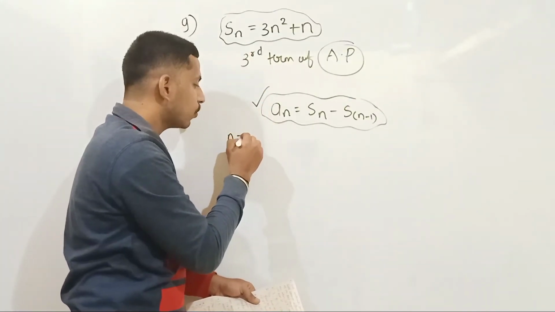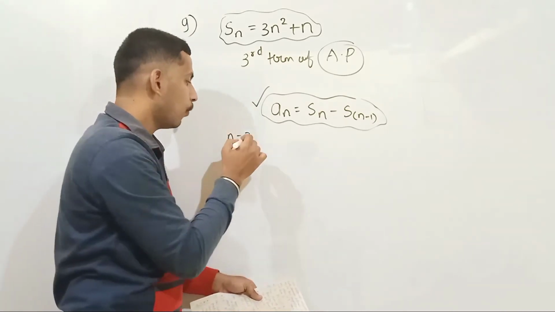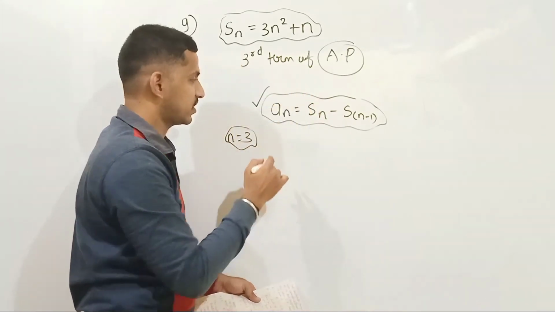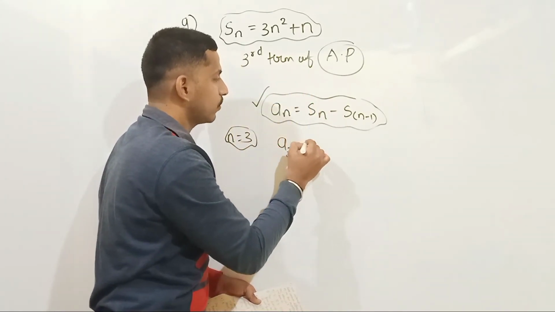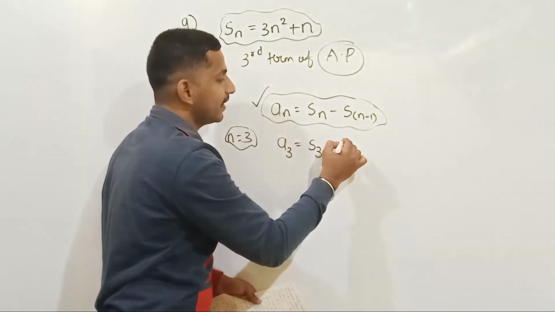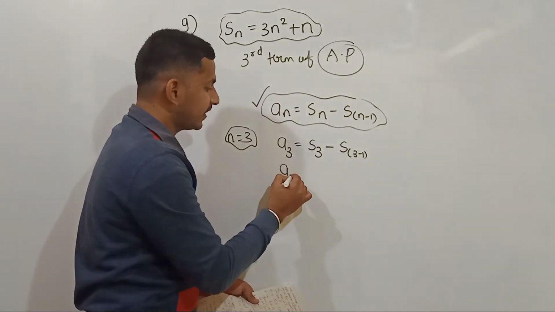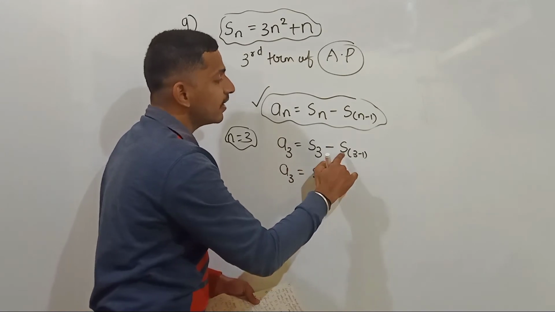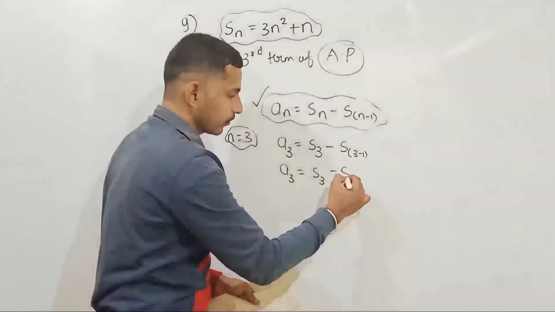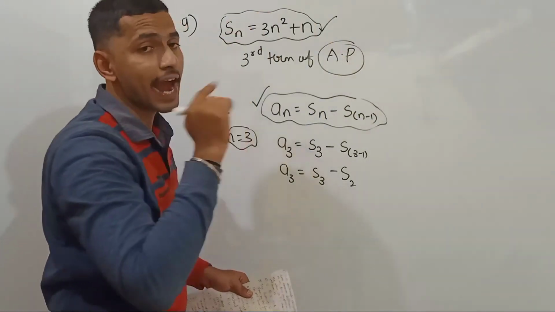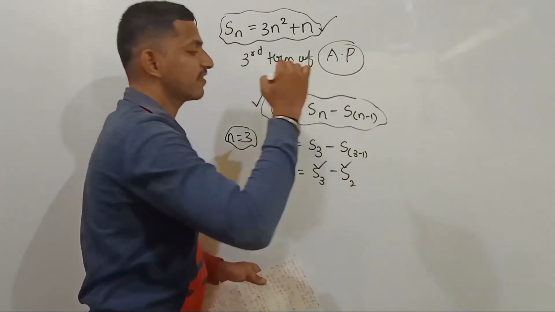It means n is equal to 3. Now we substitute n equal to 3 in this equation: a3 is equal to S3 minus S_(3 minus 1), that is S2. First, using the formula, we have to find S3 and S2.